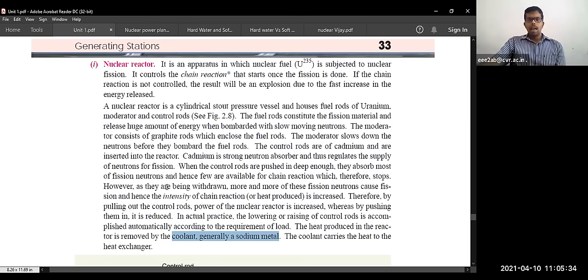Okay. However, as they are withdrawn, if you push the control rods in fully, they will absorb the fission neutrons and therefore the chain reaction will be reduced.